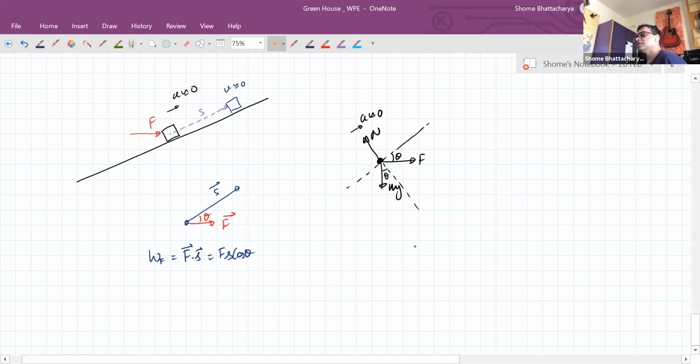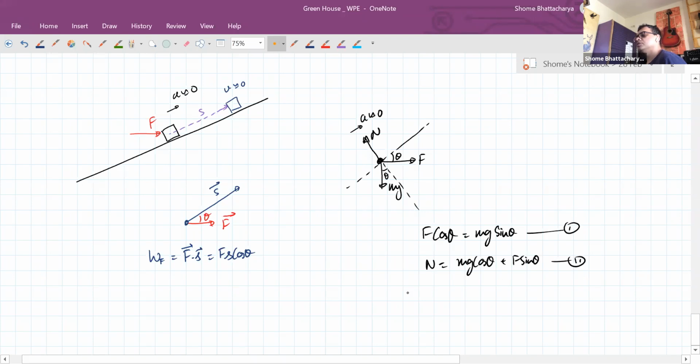So because the acceleration is tending to zero, we have F cos theta will balance mg sin theta, and normal reaction will balance the sum of mg cos theta plus F sin theta.